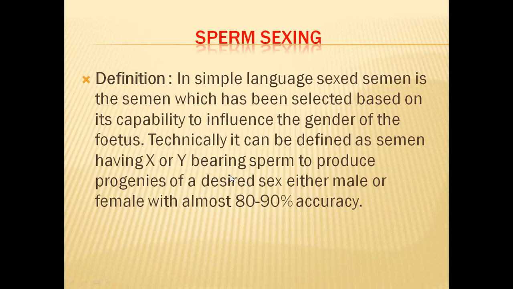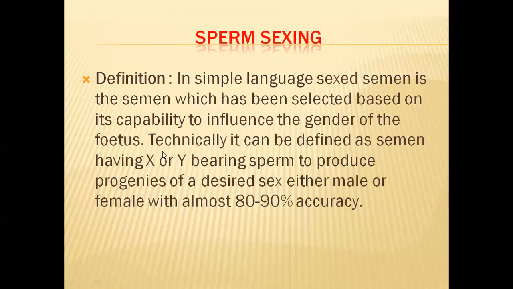The scientists wanted to control that. For that purpose, they wanted to separate the semen into two parts. One part will have X chromosome semen, another part will have Y chromosome semen. If we want a male offspring, we will use semen having Y chromosomes only.